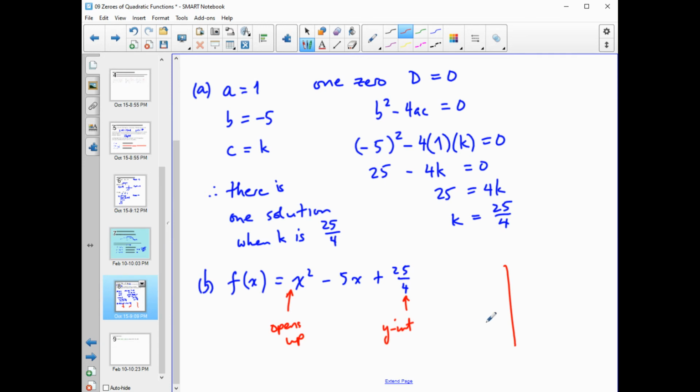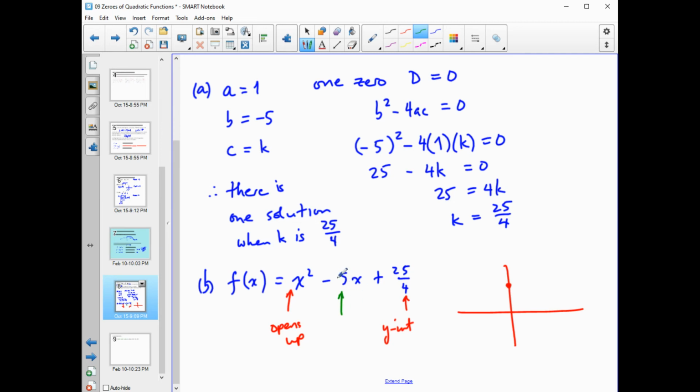And so I'm just going to put on a very rough x and y axis there. I'm just sketching it. 25 over 4 is almost 6. Now I'm not going to do a scale, so I'm just going to put the y-intercept there. And I'm going to add in a little piece of extra information. Technically, you don't need this, but it's kind of a neat little thing, and it's going to help us do a better sketch here.